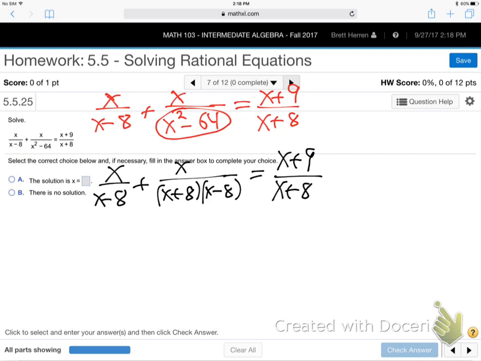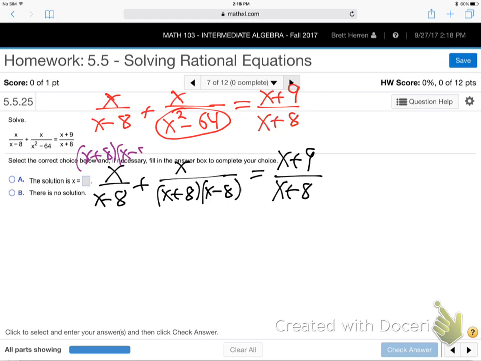Now, multiply through, top by the common denominator, right? So what is the common denominator?